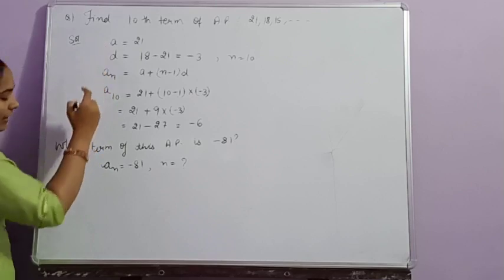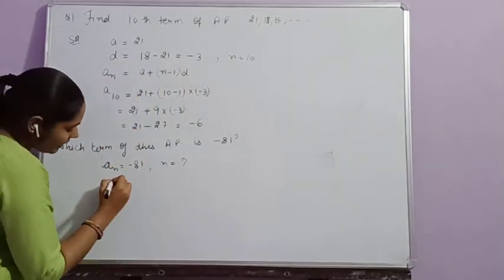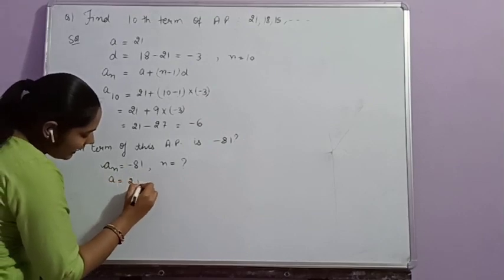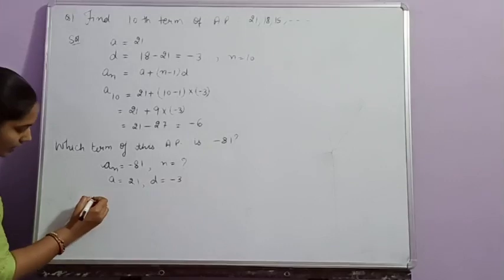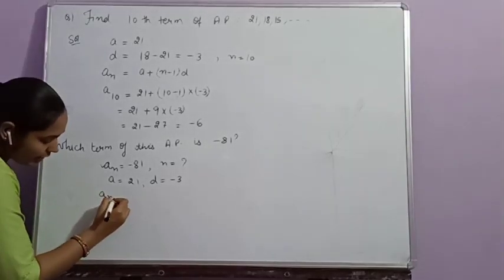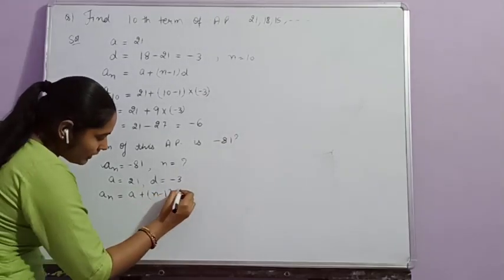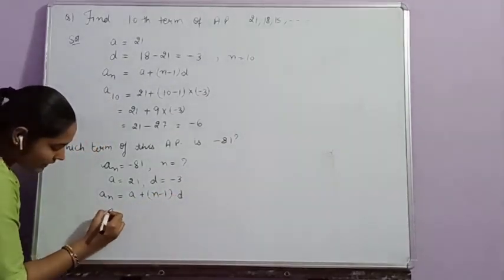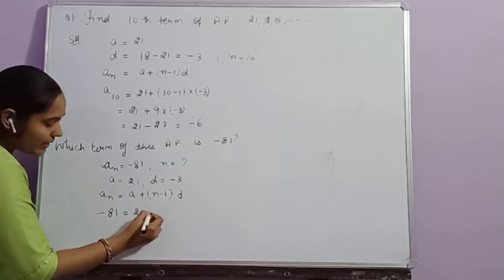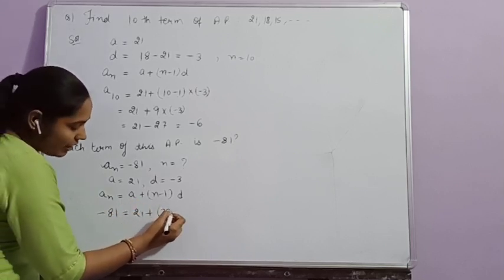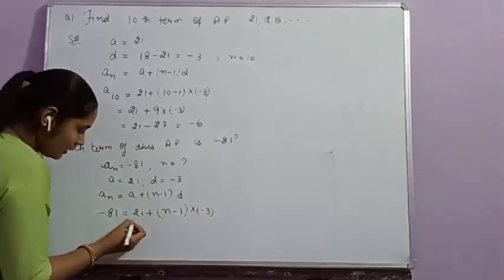Clear? We know that the value of a is 21 and the value of d is minus 3. Now we can use the formula an equals a plus n minus 1 into d. Minus 81 equals 21 plus n minus 1 into d, where d is equal to minus 3.